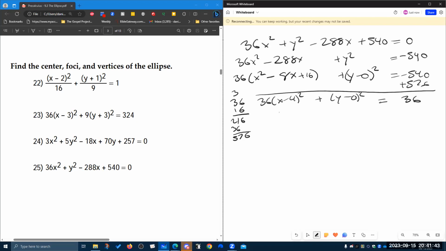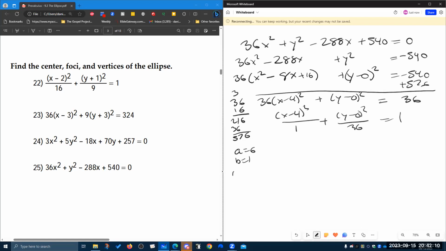So (x minus 4) squared over 1 squared plus (y minus 0) squared over 36, which is 6 squared. I don't need to write the squared there, but that's over 1, is equal to 1. 1 is 1 squared, so b is 1, a is 6.